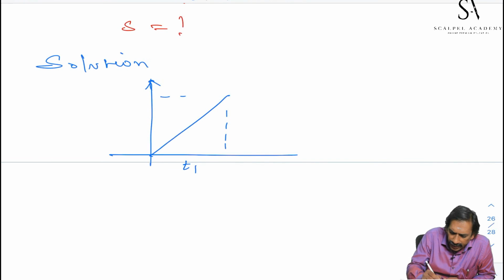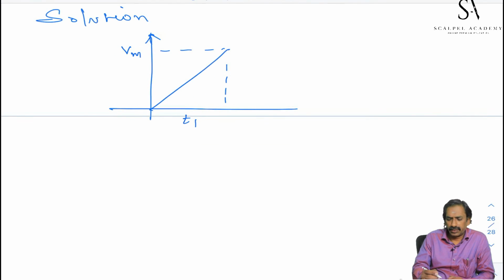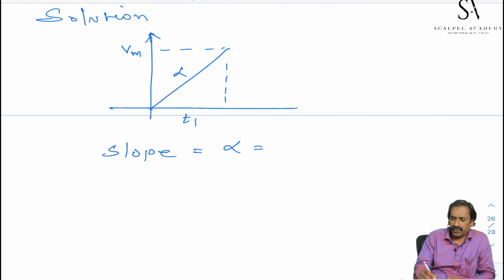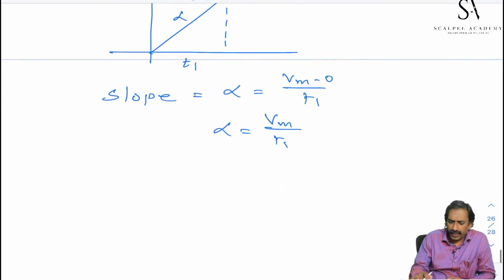This height is Vm. Area under this graph. Slope of this graph is the acceleration. Slope is equal to alpha is equal to Vm minus 0 by t1. Alpha is equal to Vm by t1.